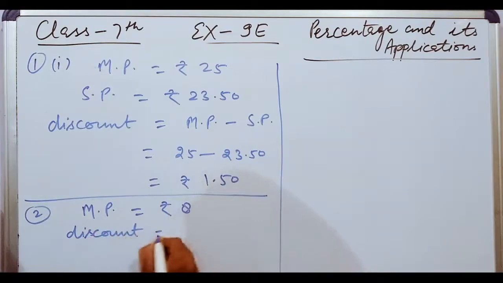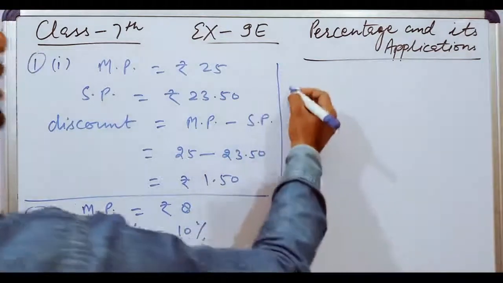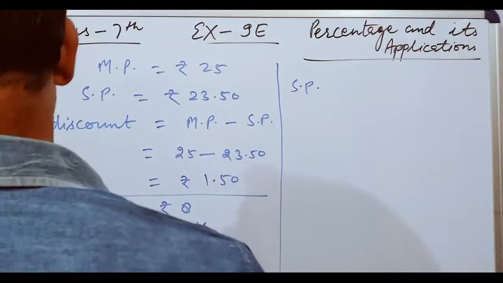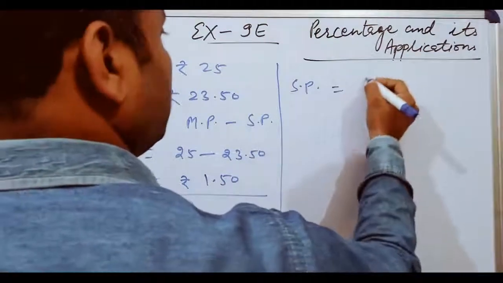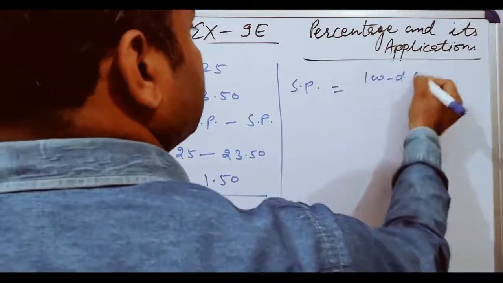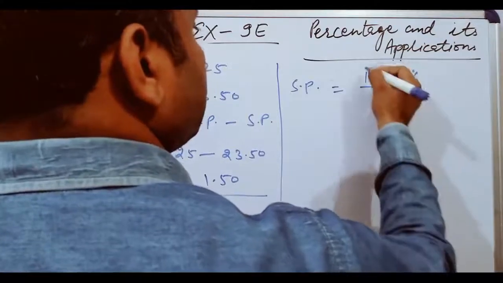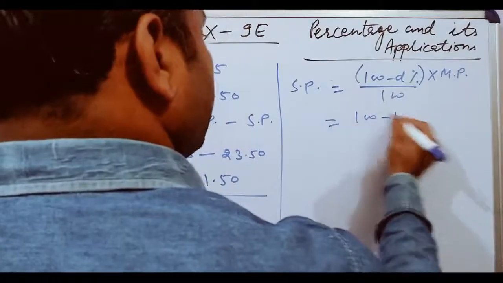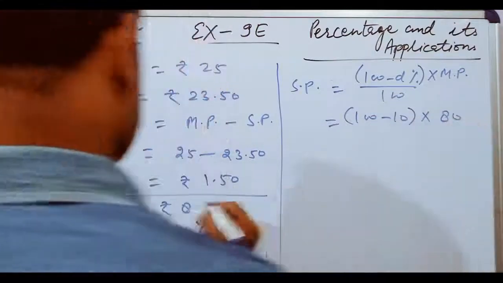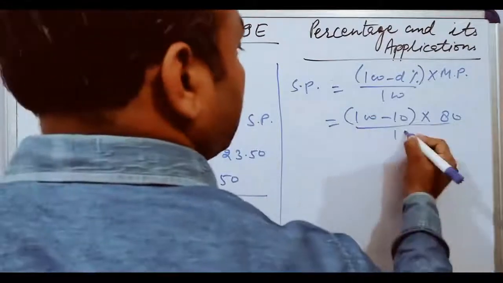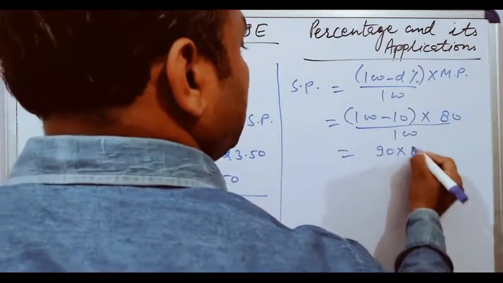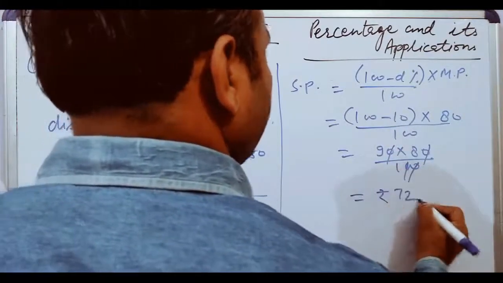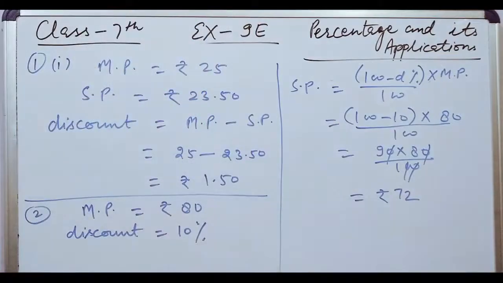When MP and discount both are given, SP equal to 100 minus discount percent upon 100 into MP. 100 minus 10 is 90, into 80 upon 100, zeros cancel, rupees 72. This is the answer.